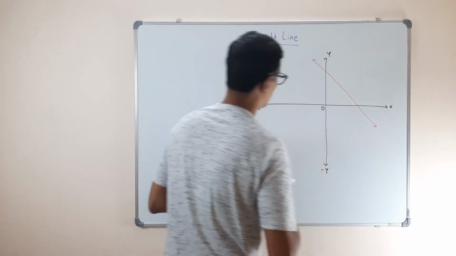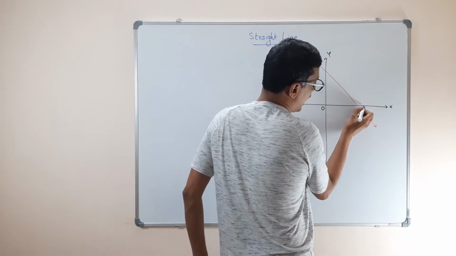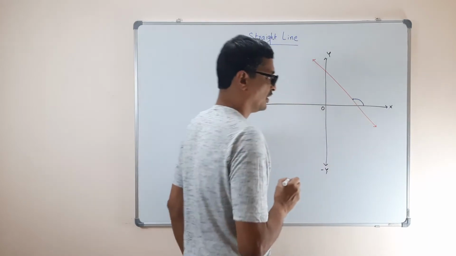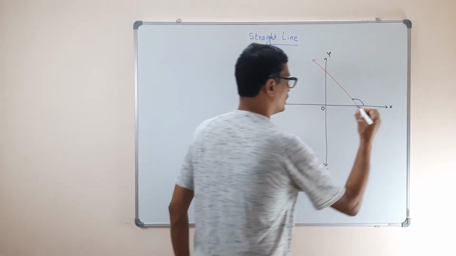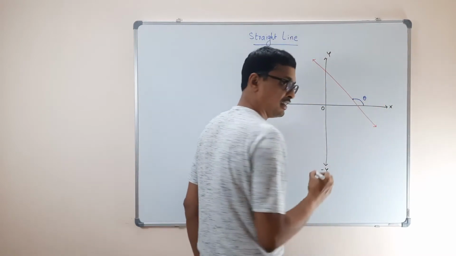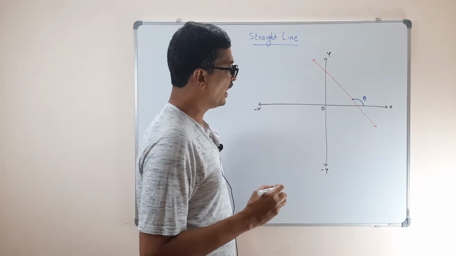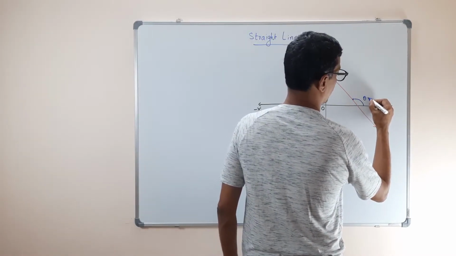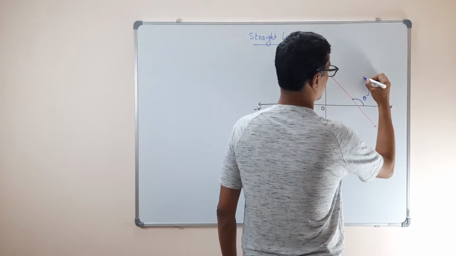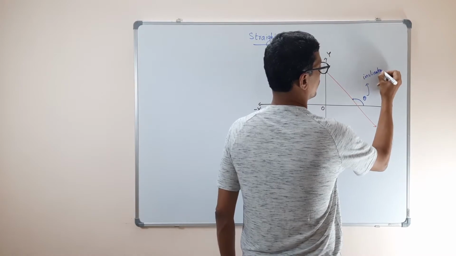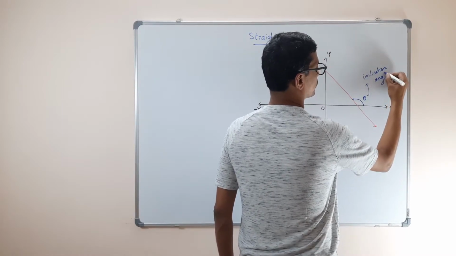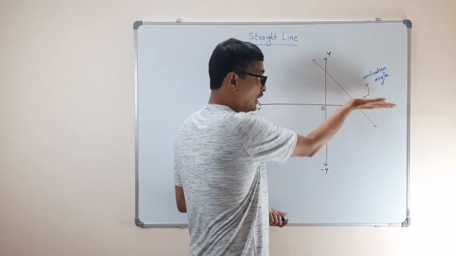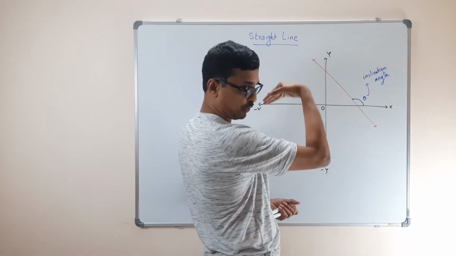I can define the angle from the positive x-axis, anti-clockwise, and I call that theta. This theta you call the inclination angle. What is the inclination angle? It is the angle from the positive x-axis to the straight line, going anti-clockwise.